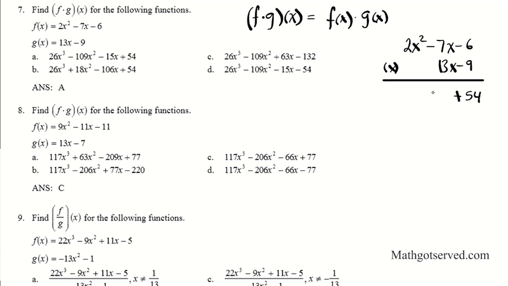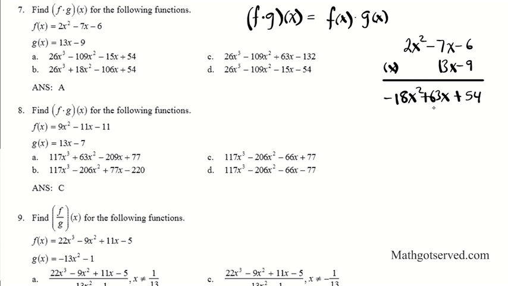Negative 9 times 7 is positive 63, positive 63x. Negative 9 times 2 is negative 18x squared. Okay, so just distribute negative 9 to all of them.